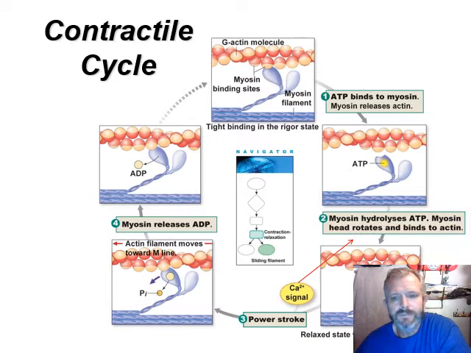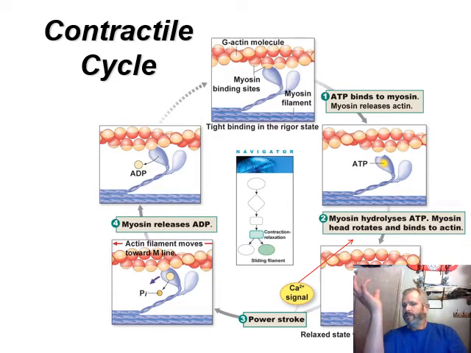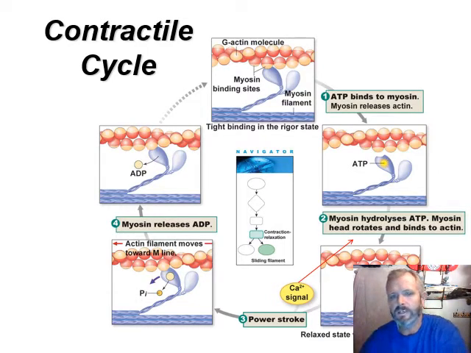So after we've used up the ATP to do a power stroke, the myosin head, so we'll see the myosin head can be at 45 degrees when it binds, and then it turns to 90 degrees to pull the actin. After one contractile cycle, the myosin has used up the ATP, but it is still bound to actin.